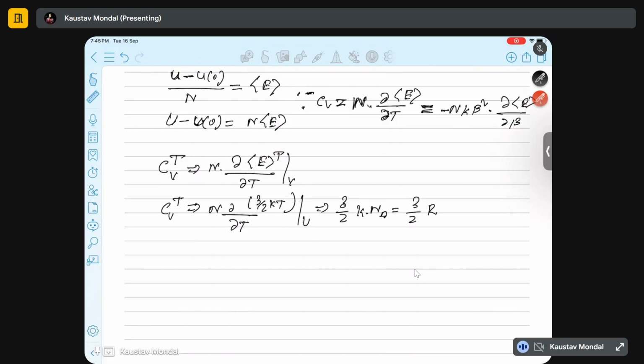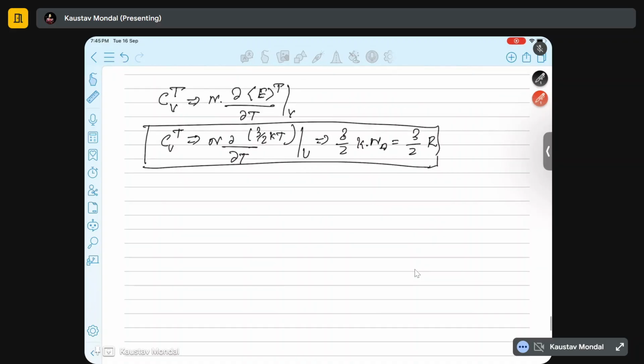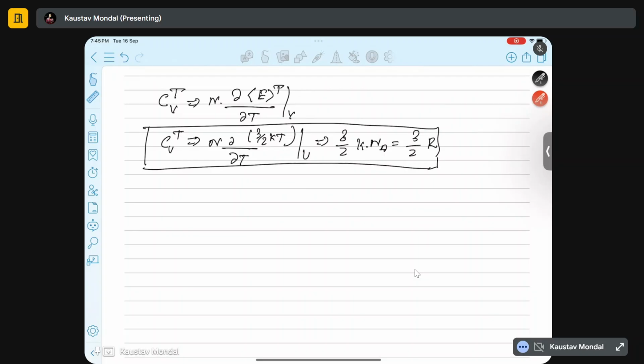The translational contribution to the specific heat at constant volume gives you this value, 3 by 2 R, right? So this is consistent. This specific heat we have previously calculated using thermodynamics also.